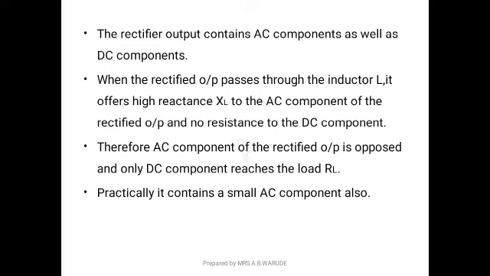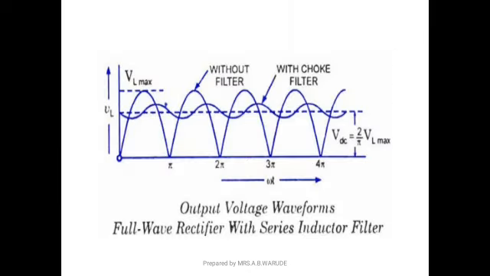Therefore the AC component is opposed and only the DC component reaches the load resistor RL, though practically it contains a small AC component also. Here the inductor is used to oppose the AC component, but practically it is not possible to remove it completely. When we find the output voltage, it contains a small amount of AC component also.